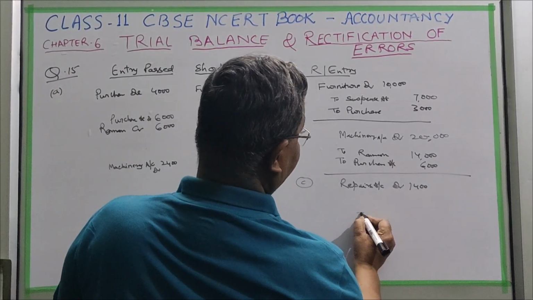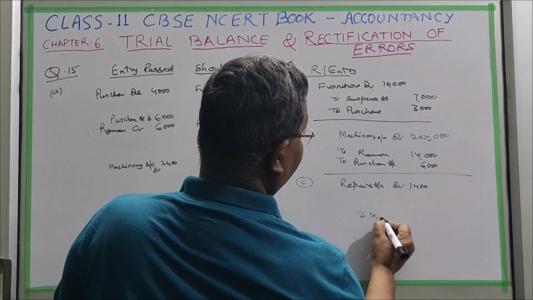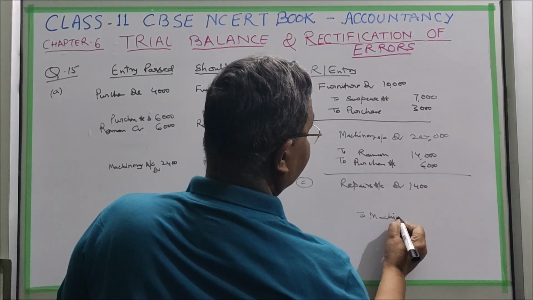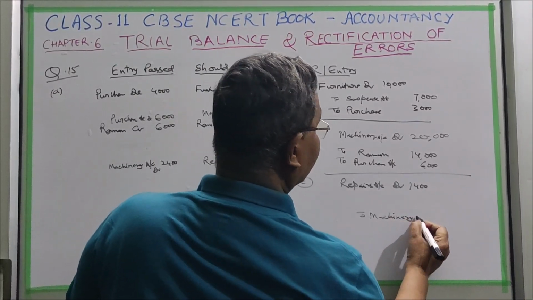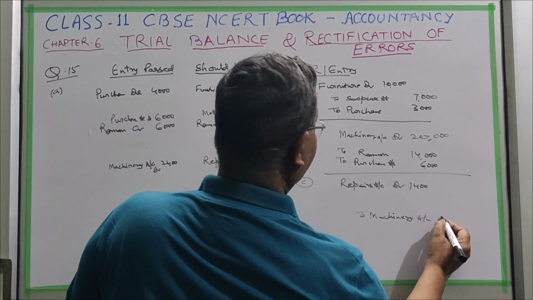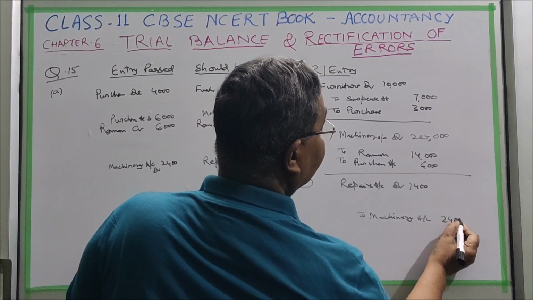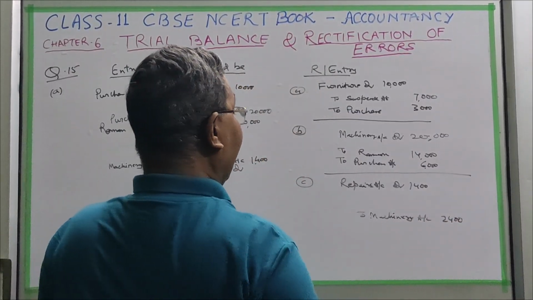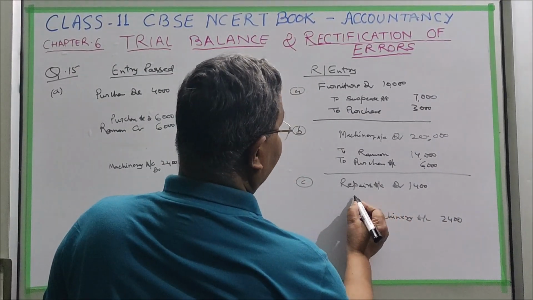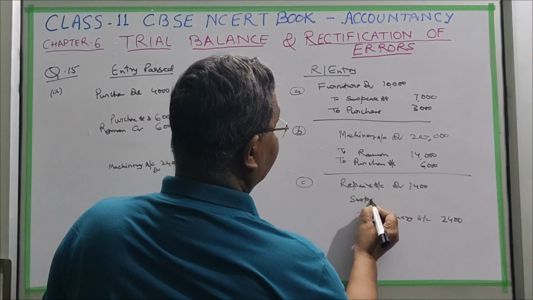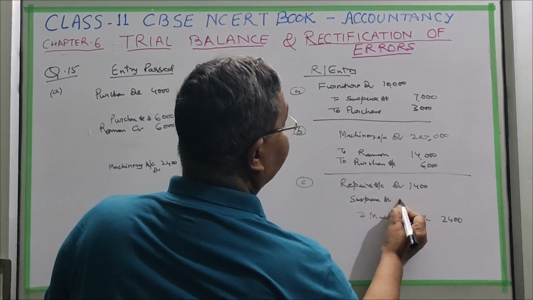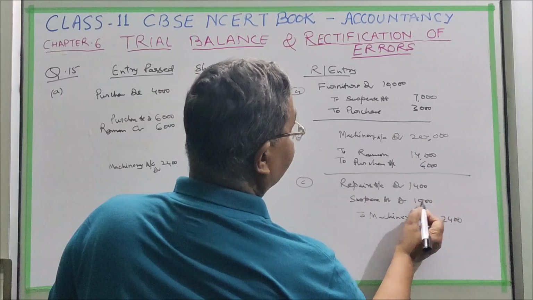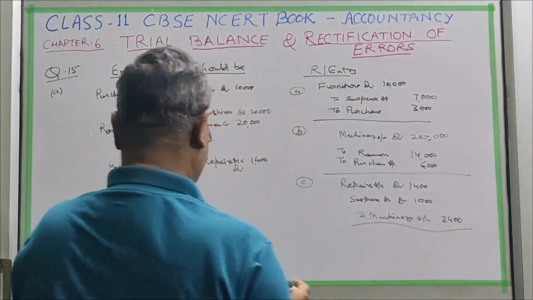Machinery account you have to credit 2,400. And the difference, 1,000, suspense account debit 1,000. And then it will be over.